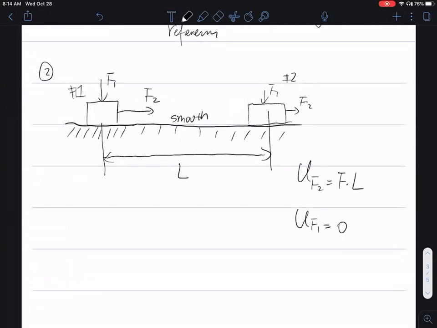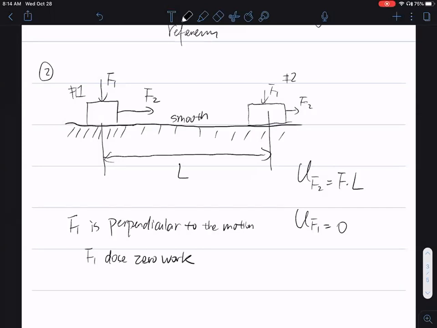So here I want you to make notes. If a force is perpendicular to the path or to the motion of the particle, that force would do 0 work. So F1 is perpendicular to the motion, and therefore F1 does 0 work.